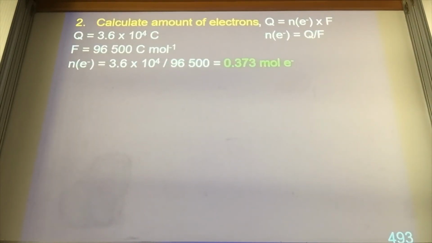Now we can do the essential Faraday's law bit, which is convert coulombs to moles of electrons. And moles of electrons simply equals coulombs divided by Faraday's constant. So we simply divide 3.6 times 10 to the 4 by 96,500 and we get our moles of electrons.